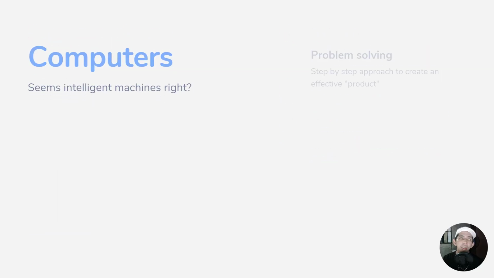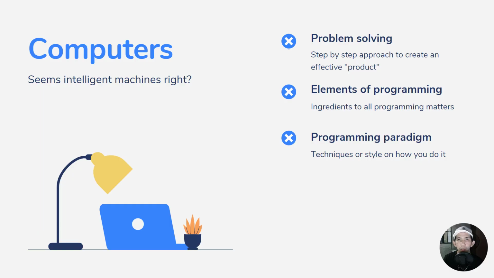So, hindi lang yan ang elements ng isang computer or software. Bago mabuo ang isang software, we need to analyze first kung ano yung nire-resolve natin na problem. So, there's a step-by-step approach to that that we will discuss later. Elements of programming, we will also tackle that, wherein these are the ingredients to all programming matters.